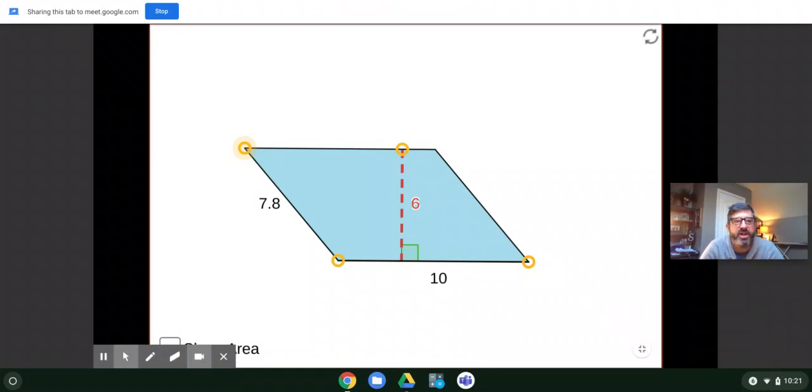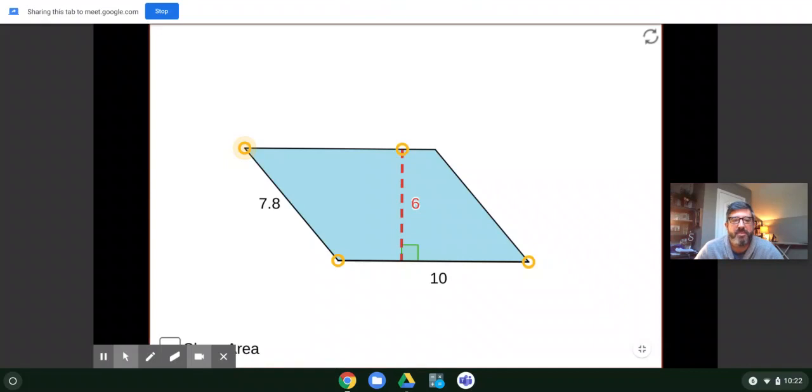So what's the area? How do we get the area? You remember our formula that we used just a second ago? It's 60, that's right. How did we get there?